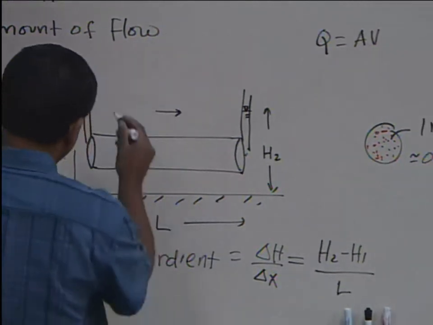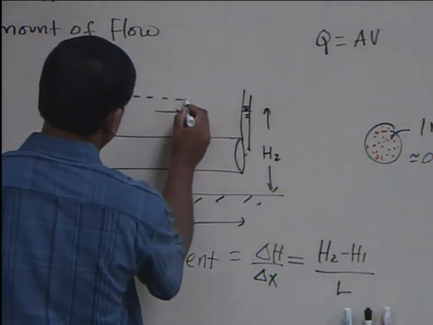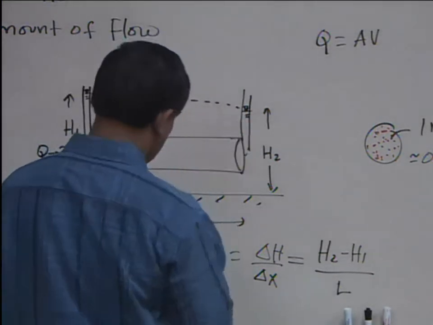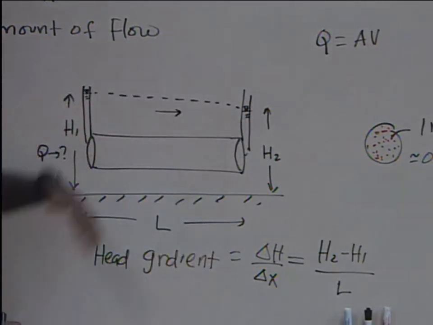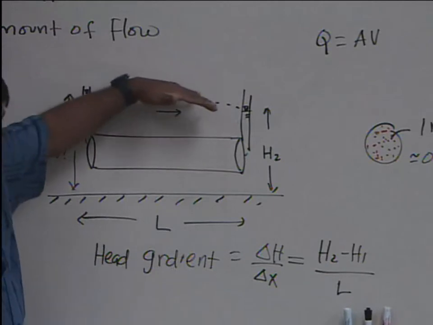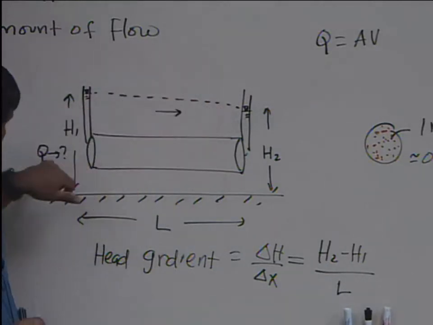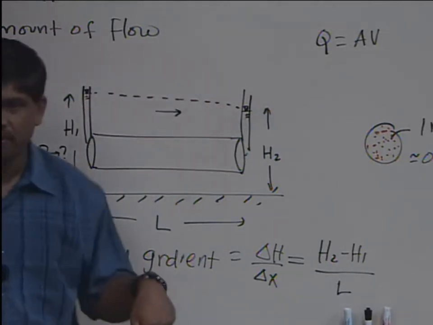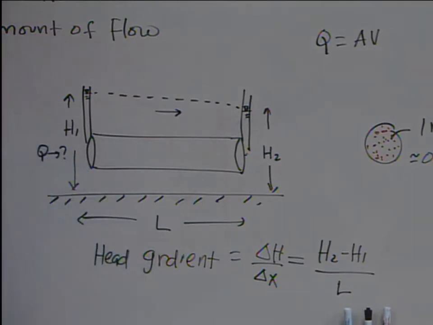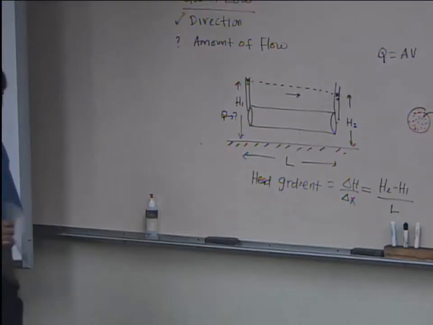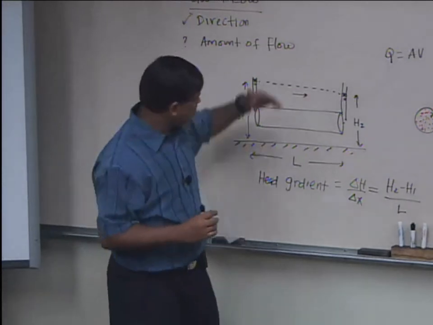If I draw this line, this tells the slope of this line. So for a given gradient, let's say I fix this, what do you think Q will be a function of? Would Q depend on anything else other than the gradient?